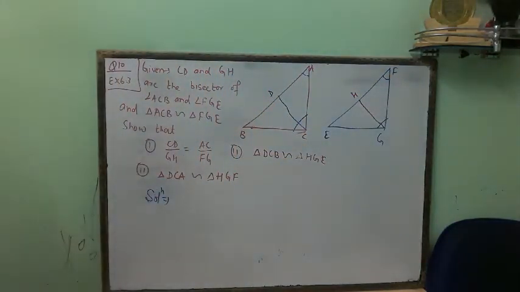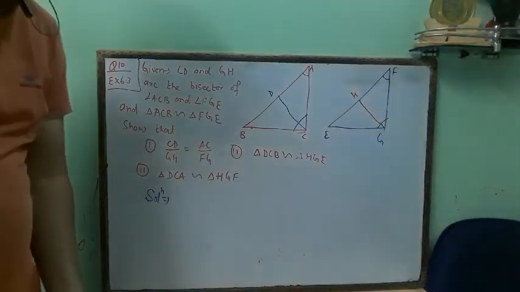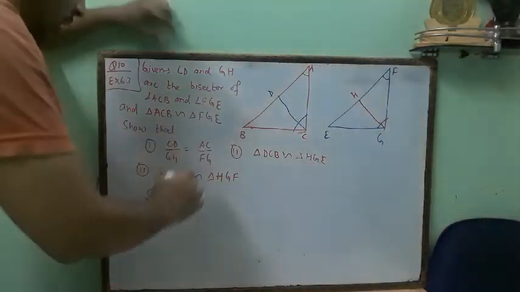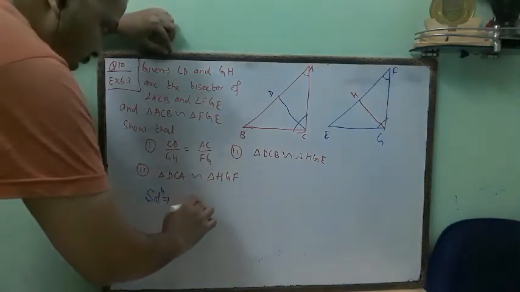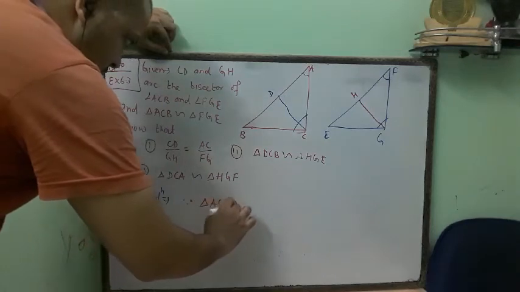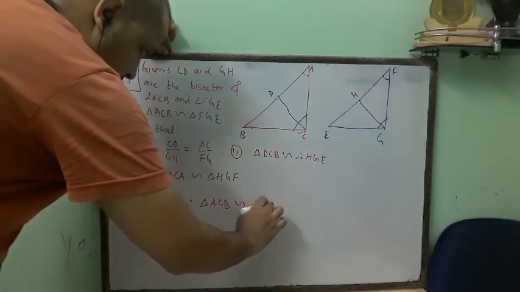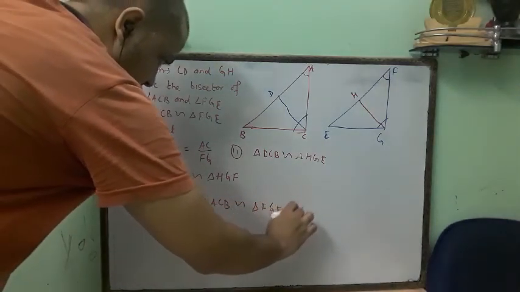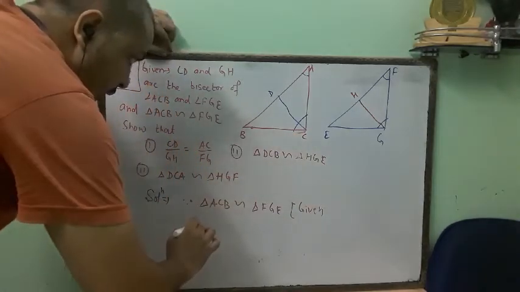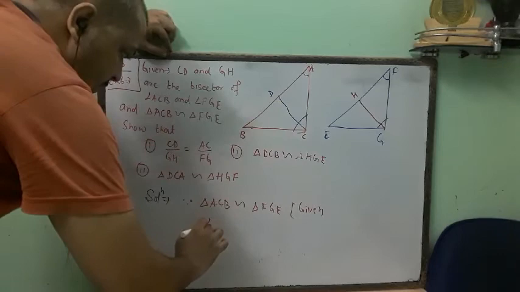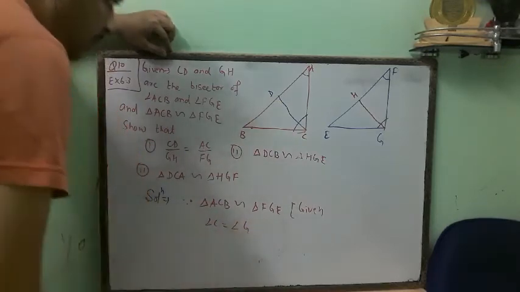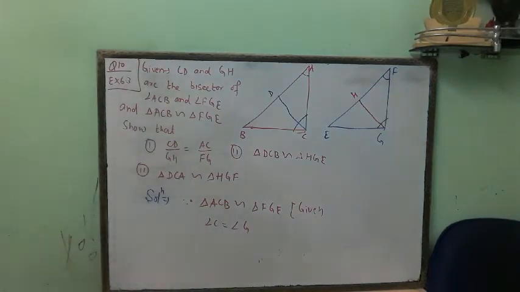What we need to do is make one more angle equal. It is given that triangle ACB is similar to triangle FGE, therefore angle C will be equal to angle G by the properties of similar triangles.